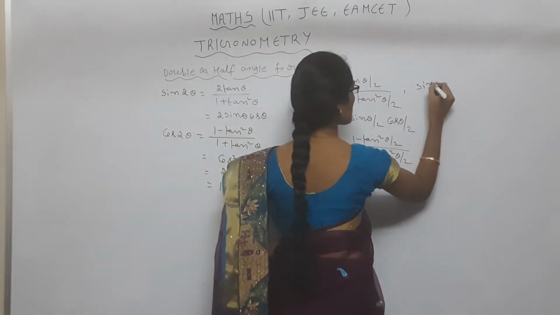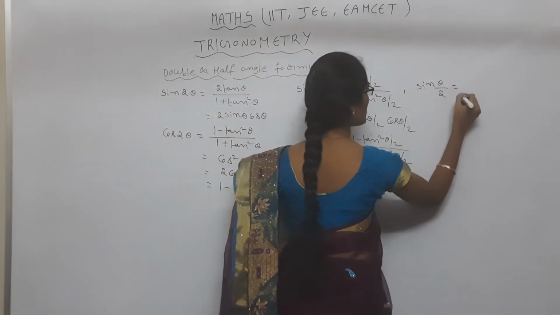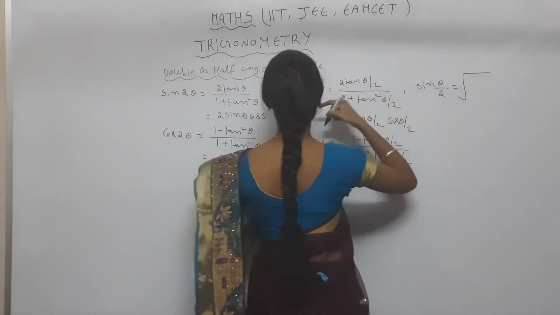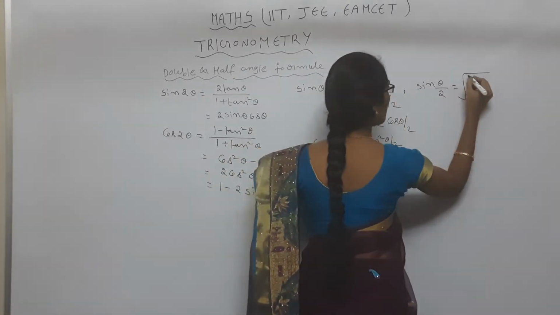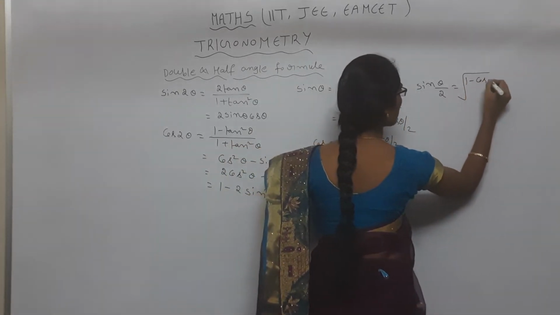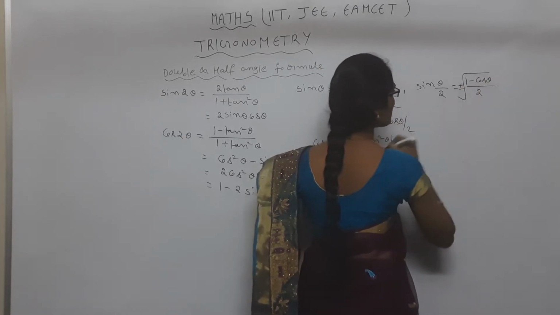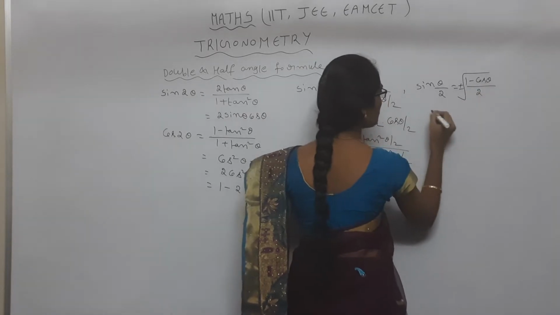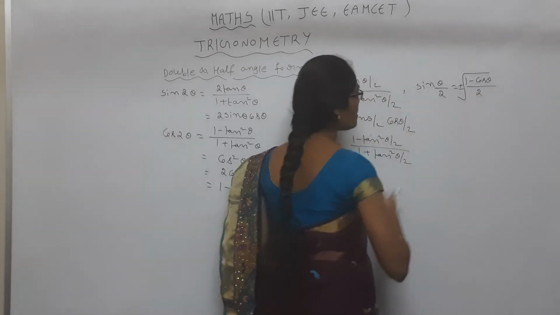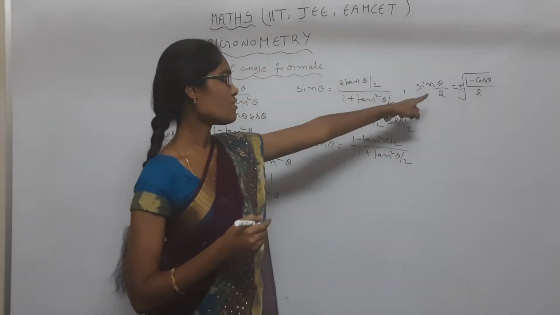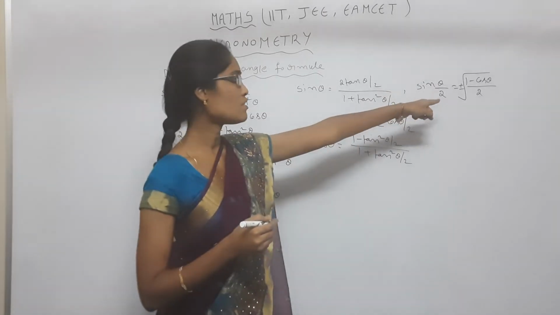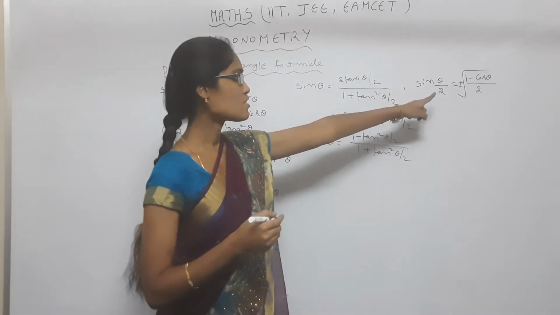See here, sin theta by 2 is equal to plus or minus the square root of 1 minus cos theta by 2.